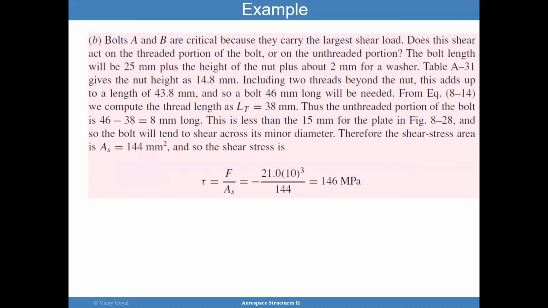So we'll use the larger number to calculate the shear stress. You could, again, assume whether it's threaded versus unthreaded going through a shear plane, but you can fairly do a calculation using the area of the bolt. With that information, we can get that tau is 146 megapascals.